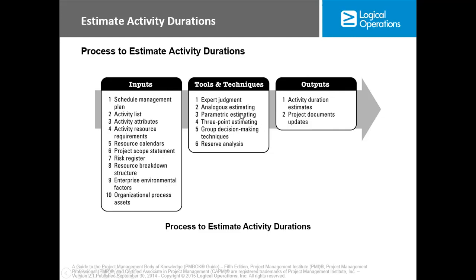The tools and techniques we have are expert judgment, analogous estimating, parametric estimating, three-point estimating, group decision-making techniques, and reserve analysis. Then the output at the end of the day, you have activity duration estimates and project document updates.